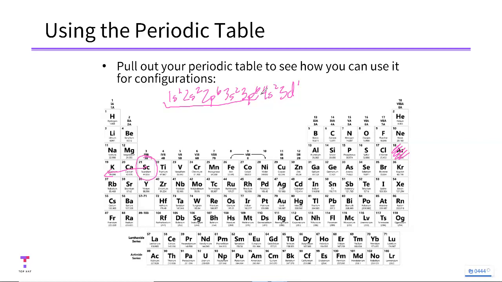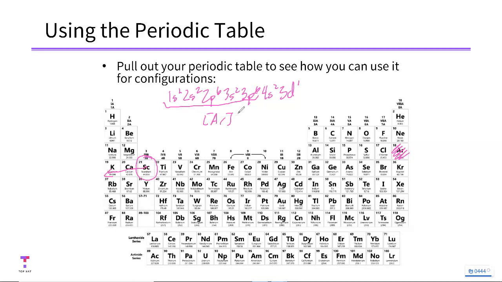In a noble gas configuration, we take this configuration that is the same as argon's, and we put that in brackets. So this part here is argon's configuration.